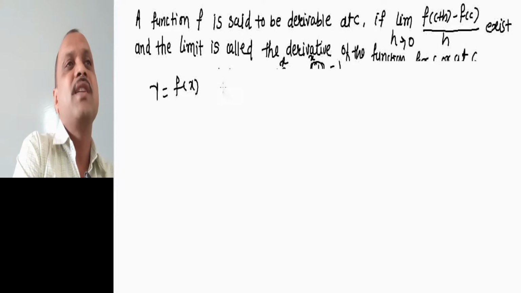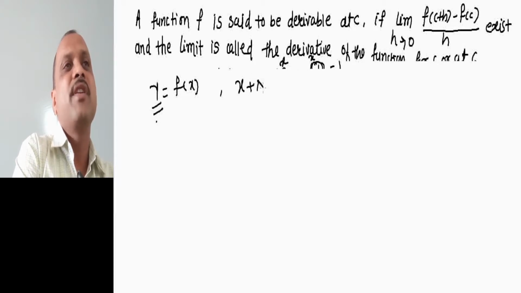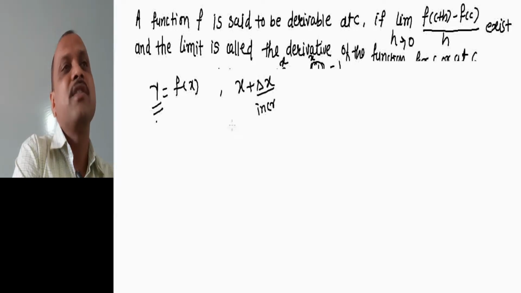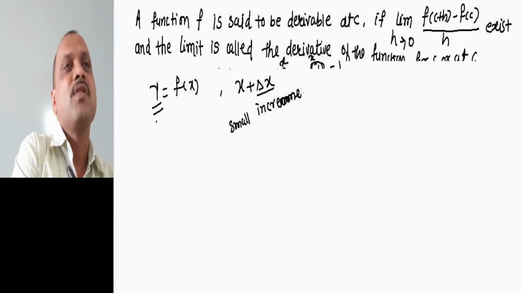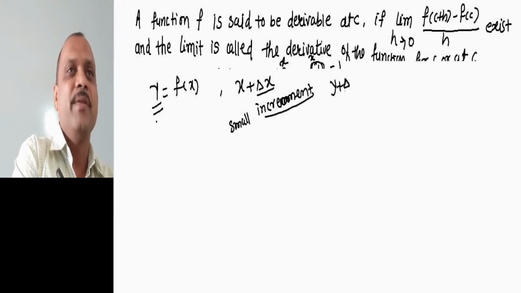Here x is the independent variable, and y is the dependent variable. So let us take a small increment in x. We denote this small increment by delta x. Similarly, whenever there is a small increment in x, there is a small increment in y.